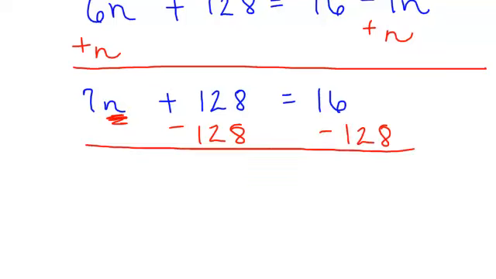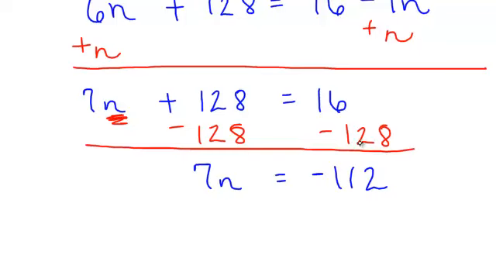On the left side, I have 7n. On the right side, I have a positive 16, a negative 128. I will subtract. I'll get 112, and that will be a negative. I have a positive and a negative, so you subtract and keep the sign of the largest number.